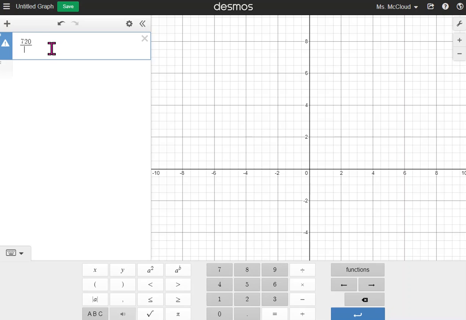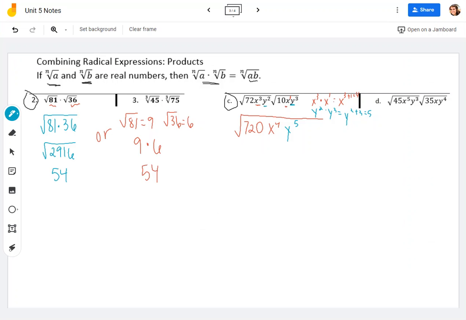So thinking of our perfect squares, I'm going to try a larger one, maybe 12 squared, which is 144. I got lucky because that equals 5, so those are some nice whole number factors. So I'm going to rewrite 720 as 144 times 5.